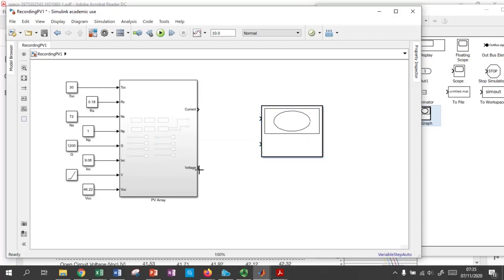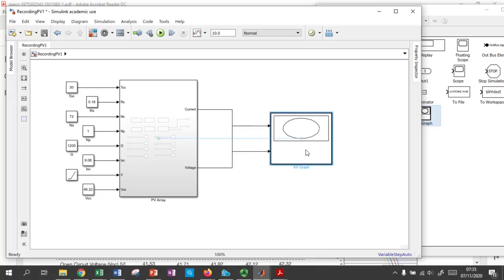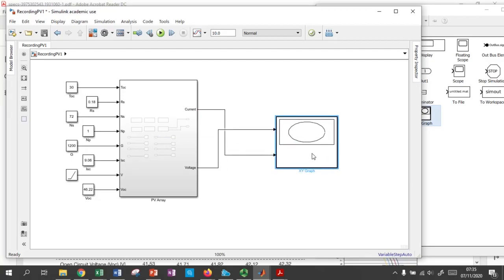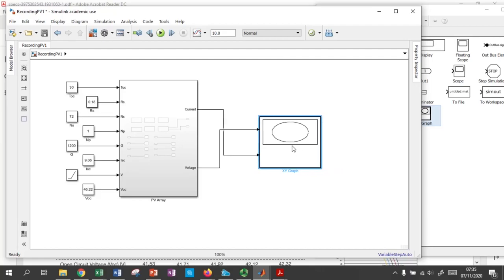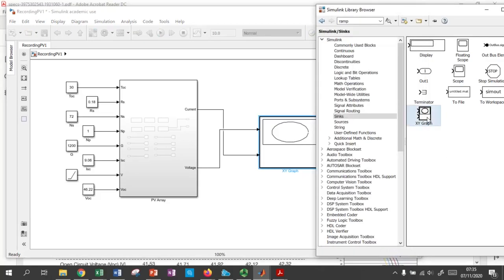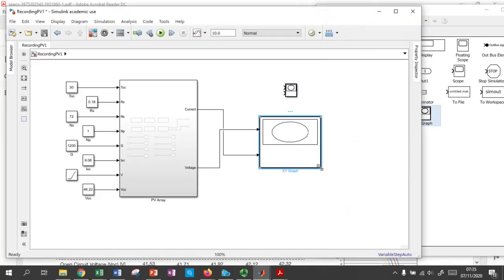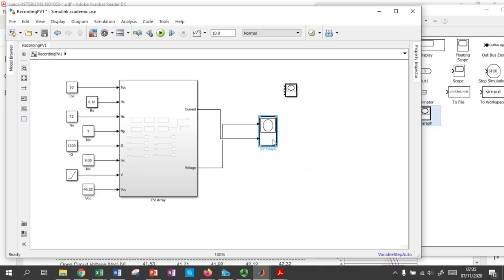One of them is voltage as the X and current as the Y, because we would like to draw the current versus voltage. The other one is that we have the current. Current should come here and multiply by voltage. Then again we need another one. Let me make it smaller.